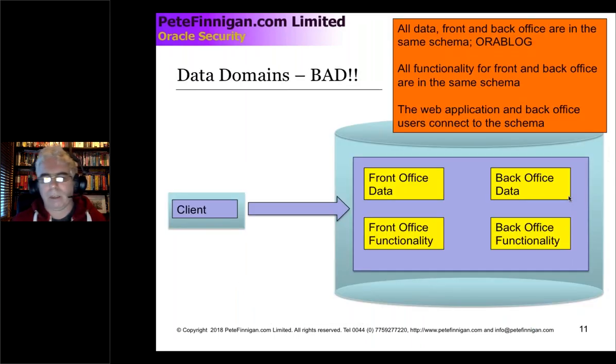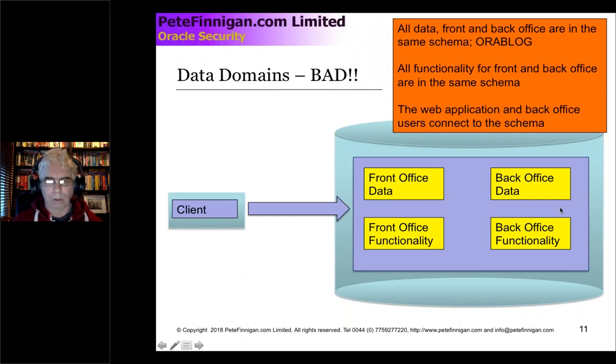This next slide just illustrates the problem. So we've got clients, 2 web servers connecting as the Orablog user, which is actually the schema, and we've got front office data, front office functionality, so PL/SQL, and we've got back office data, back office functionality, in other words, PL/SQL, all in the same schema, and we connect to the same schema. This is what I see regularly. So this is an issue of data domains.